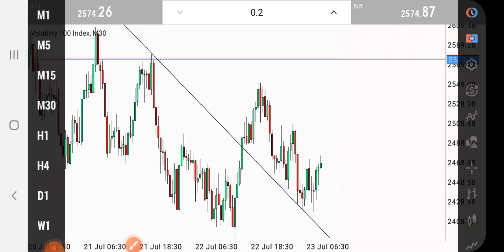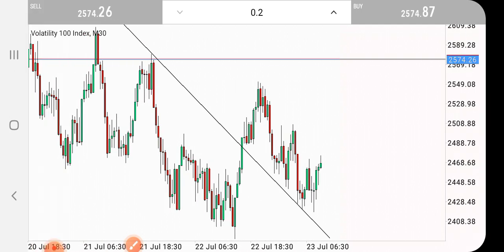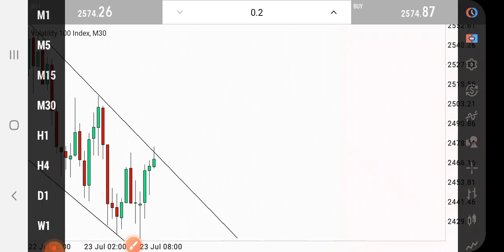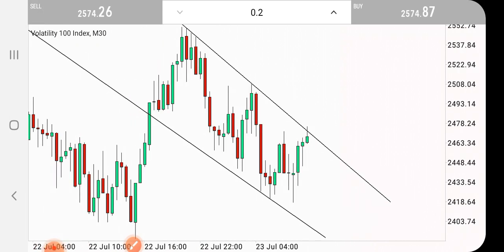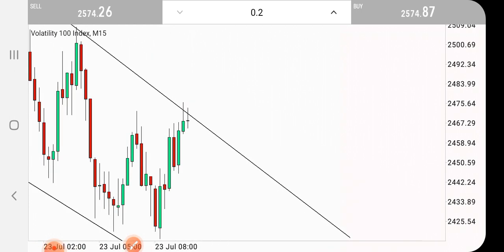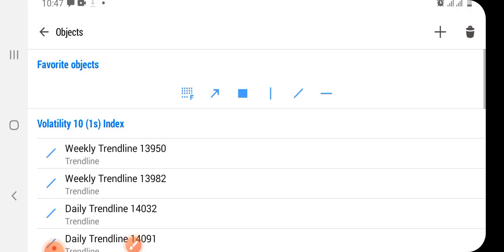Then we have something happening here. This is what is happening. So the market is preparing itself to go to the upper side. When the market breaks above this trend line, that's when we start to buy.